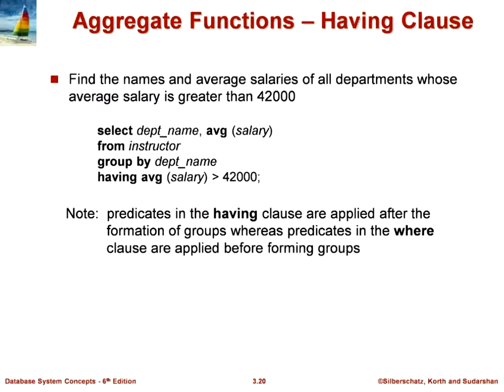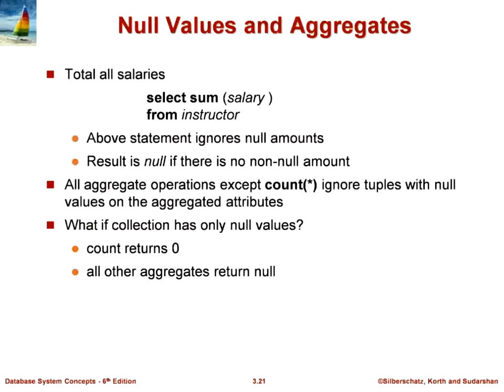But now you have specified the having clause, so first it will be grouped by, the average salary will be calculated, and after that, from the results, only those where the average salary is greater than 42,000 will be displayed. You can total all salaries by select sum of salary from instructor. The above statement ignores null values.